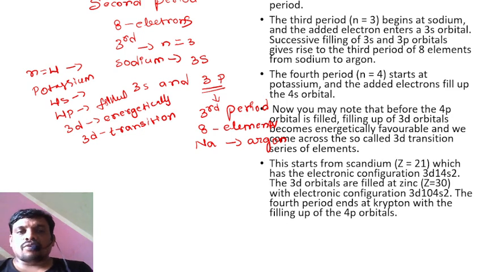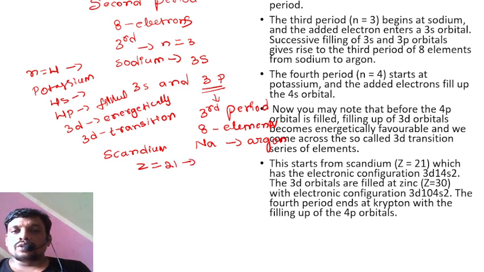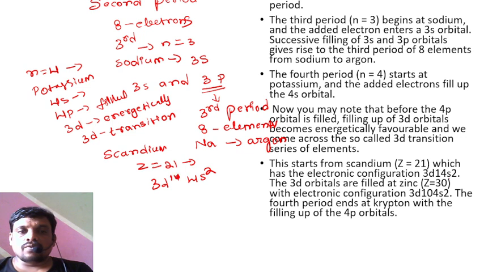This starts from scandium, as you know. Let us take scandium. Scandium's atomic number Z equal to 21 has the electronic configuration 3d1 4s2. Sorry, it is 3d1.